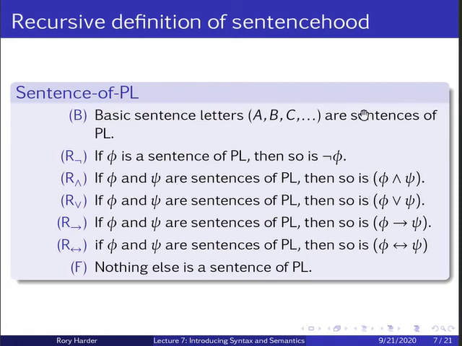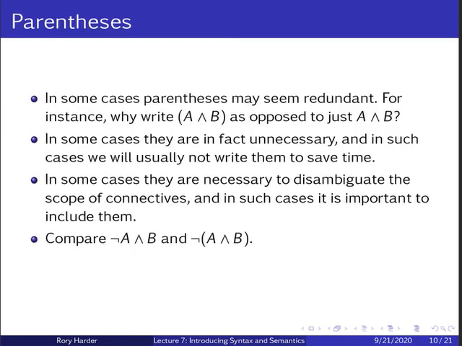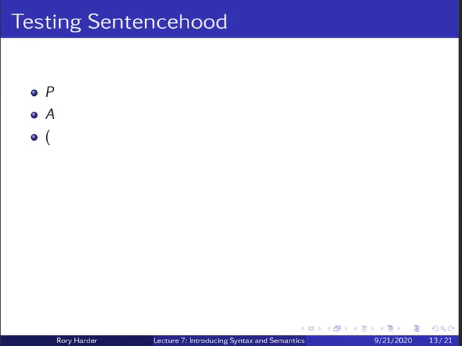But nowhere in these rules does it say that you can simply have a parenthesis and that counts as a sentence. The parentheses only are included when we're constructing complex sentences using the connectives. So you'll never have simply a parenthesis standing by itself.